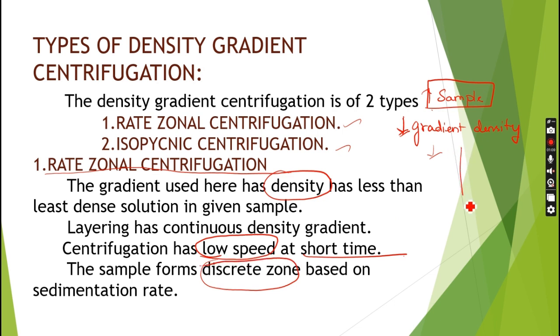As the gradient has a low density, it is going to be at the top, and the sample is going to be at the bottom. Likewise, another density gradient is at the bottom, and another sample is going to be at the bottom of the gradient. Based on its density, the sample is separated as discrete zones below its gradient.